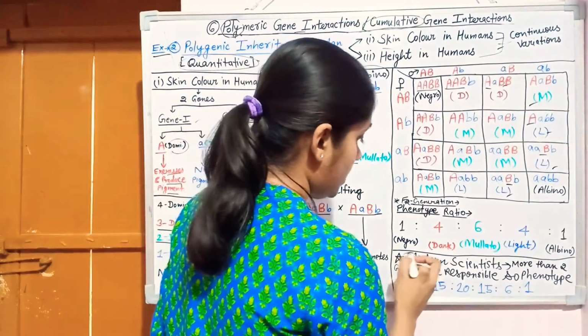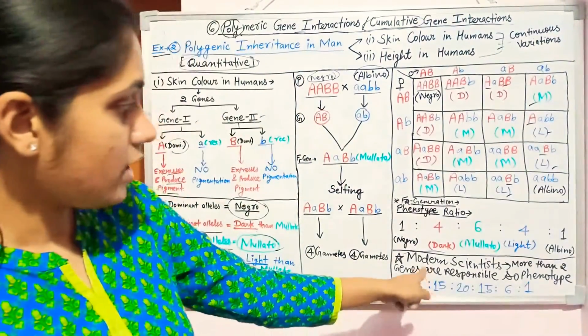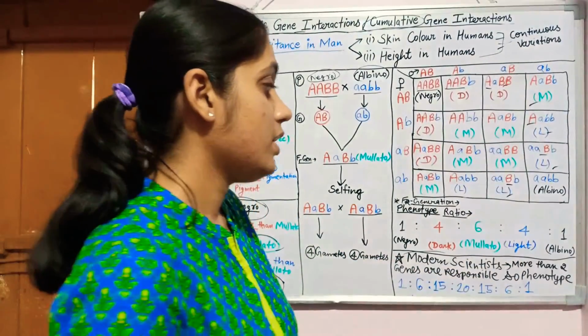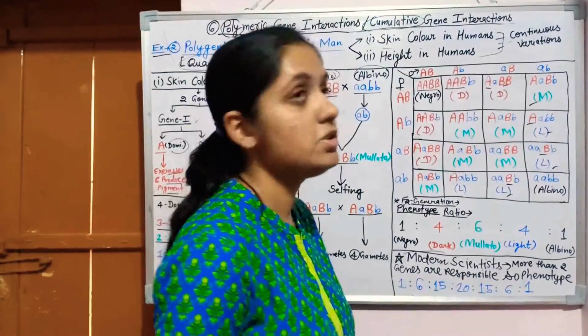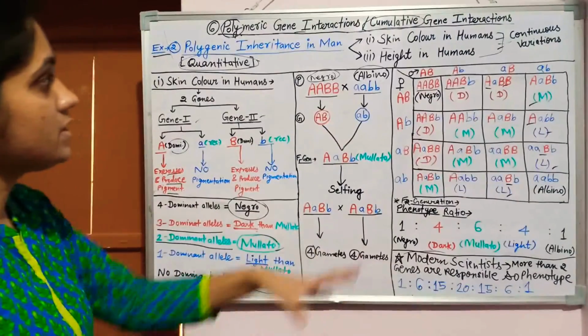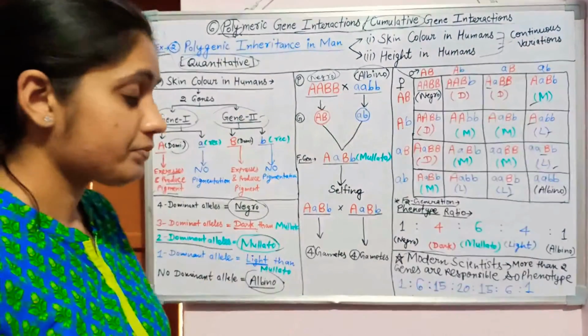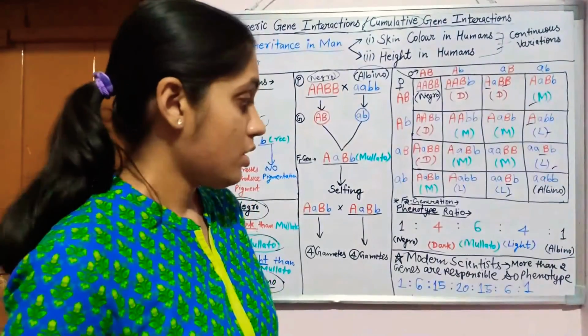Listen carefully, modern scientists say that there are more than 2 genes responsible for skin color in humans. Here you see only 2 genes, but modern scientists say that there are more than 2 genes.